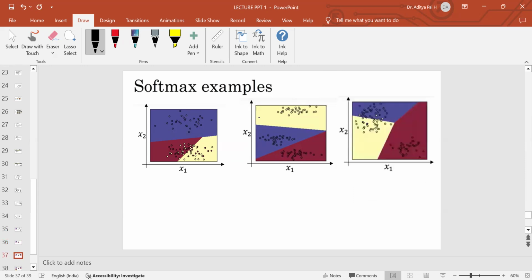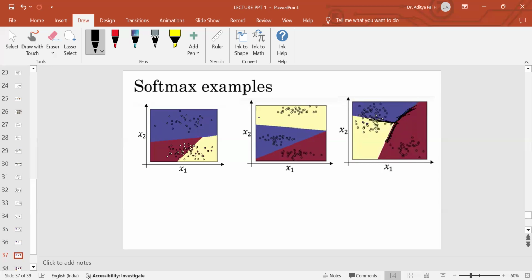Then another example with C is equal to 3, where we can see the distribution. In the first two examples the linear function being used is different, whereas in this example the linear function used is different again, where we are separating the three different classes.